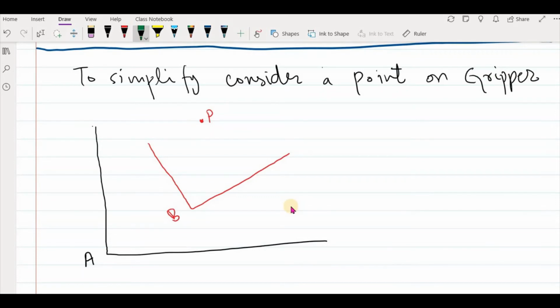So now the position vector of point P in frame A is this green line, and the position of point P in frame B is this line here. Okay, and let's say this angle is phi.